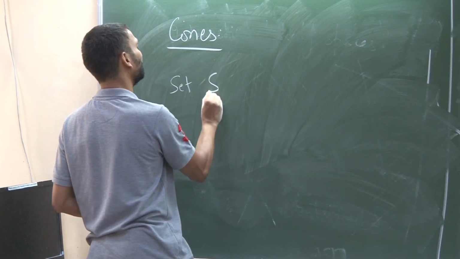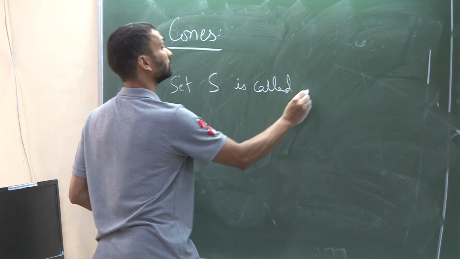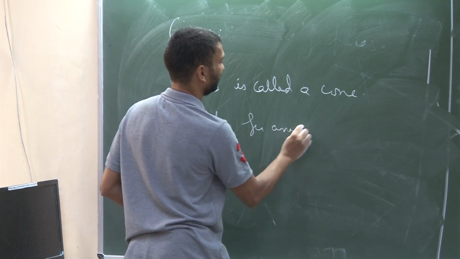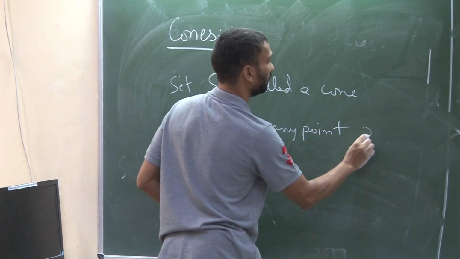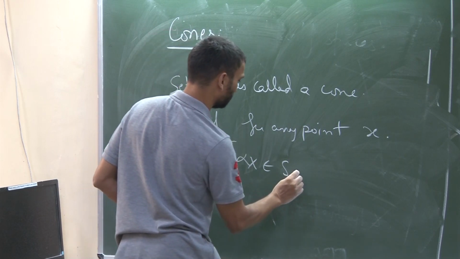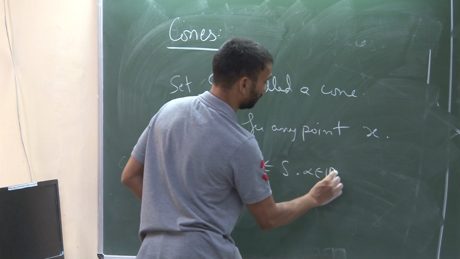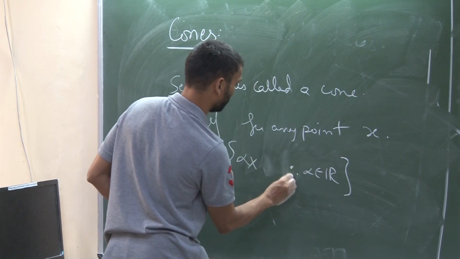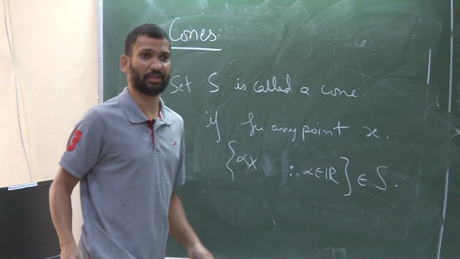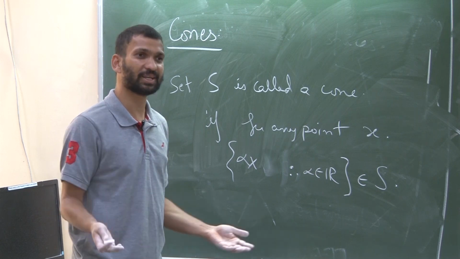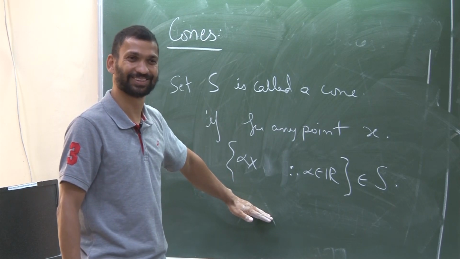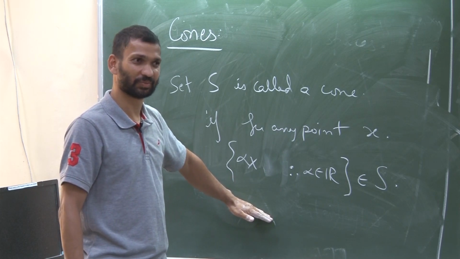A set S is called a cone if for any point x, the line from origin to x is contained in S. Okay? So it basically looks like a cone. It's a cone if it looks like a cone. Okay?